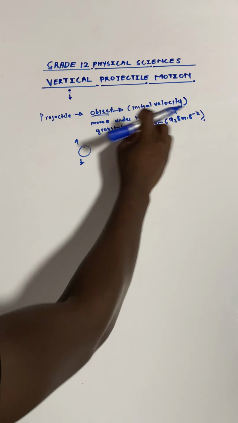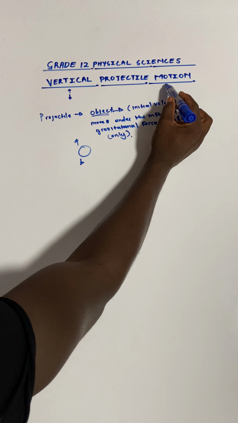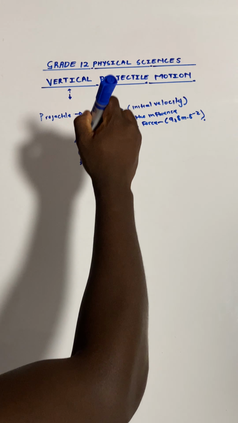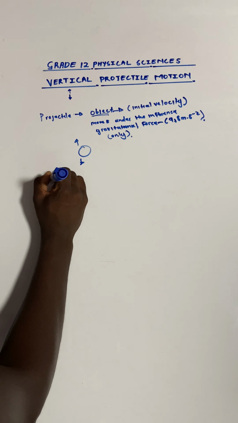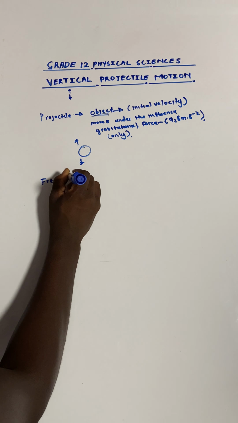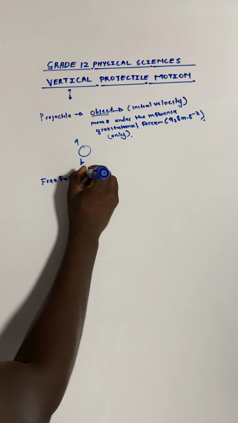Now, it's telling us again that this projectile is moving under a certain motion. What is that motion? That is what we call free fall. That's the second definition that you need to know in vertical projectile motion. What is a free fall?